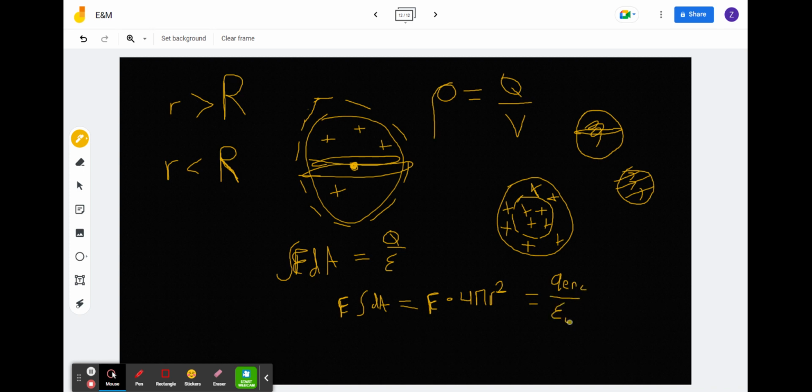Now the question is, what is the charge enclosed? Well, that's easy. It's going to be our volumetric charge density times the volume, which is 4/3 pi little r cubed.